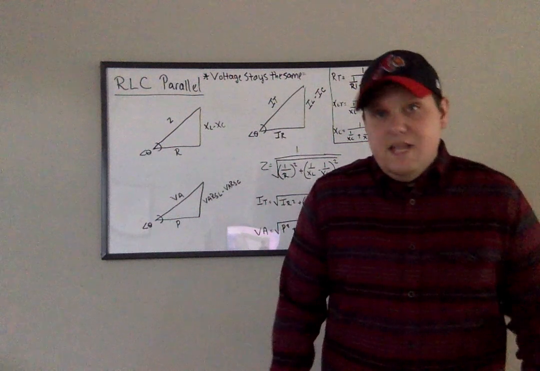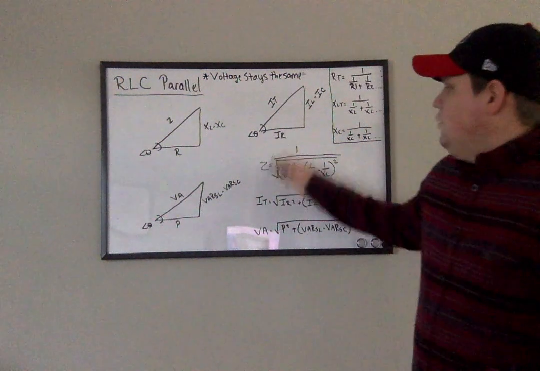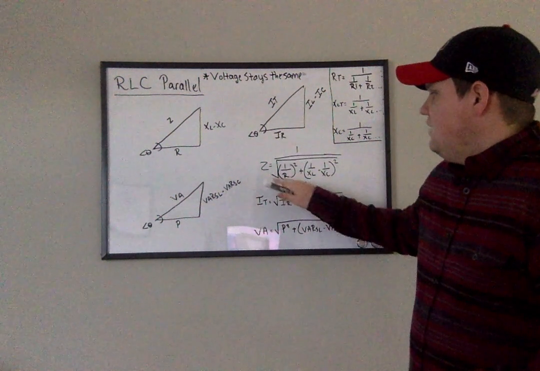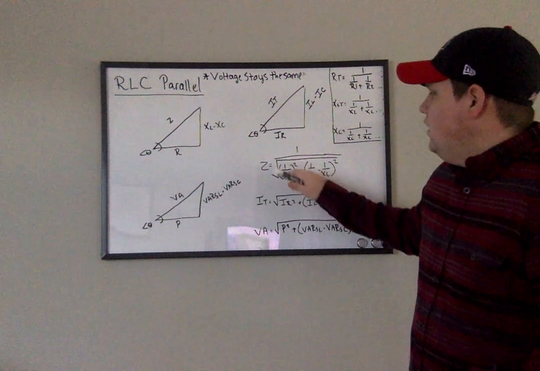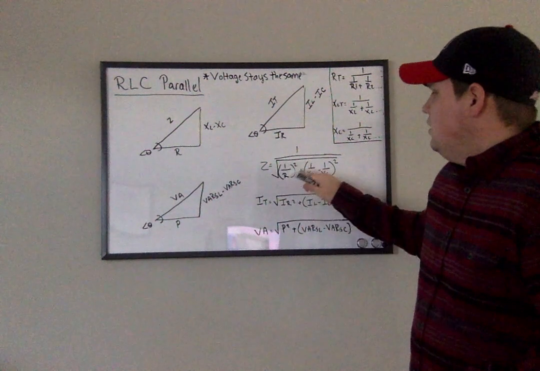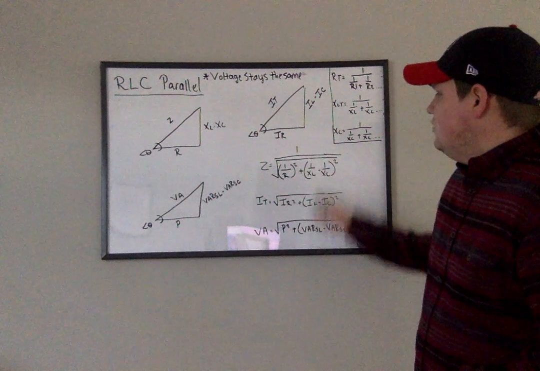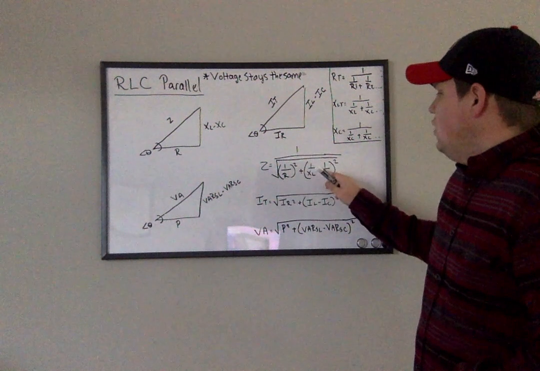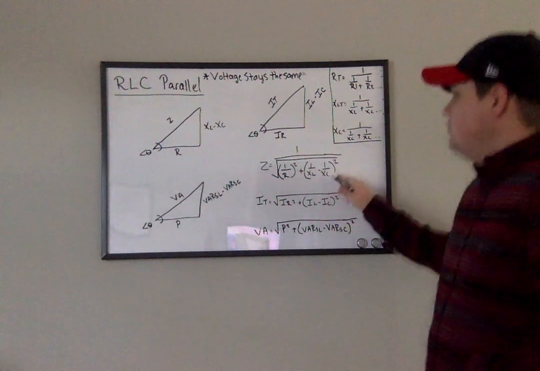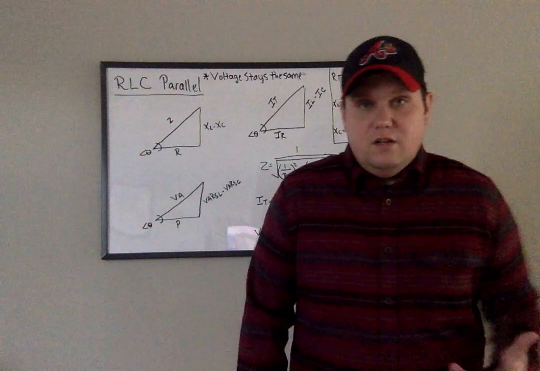which is Z equals 1 divided by the square root of 1 over R squared plus parentheses 1 over XL minus 1 over XC close parentheses squared.